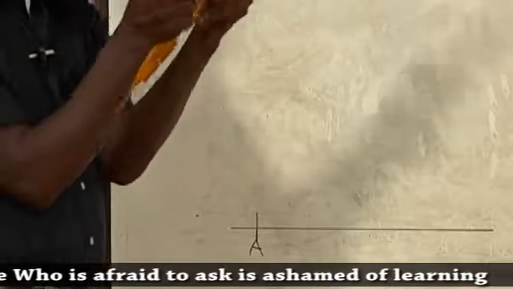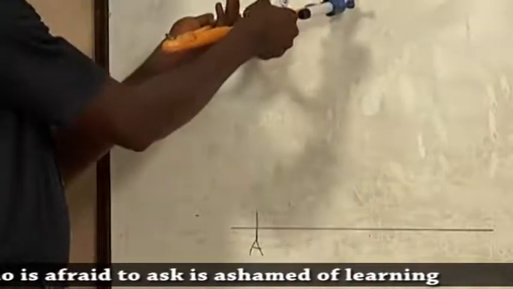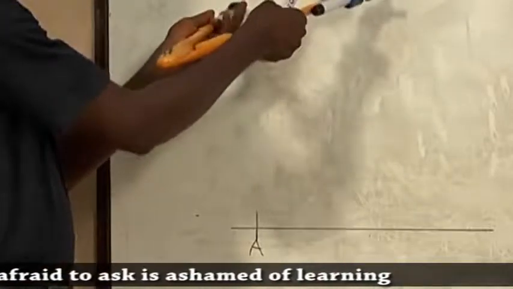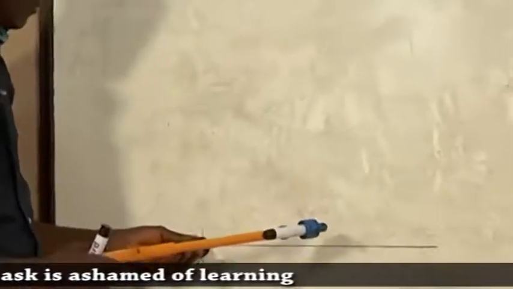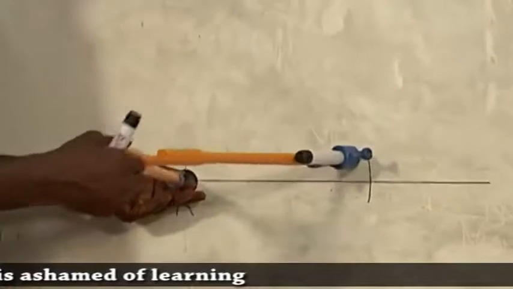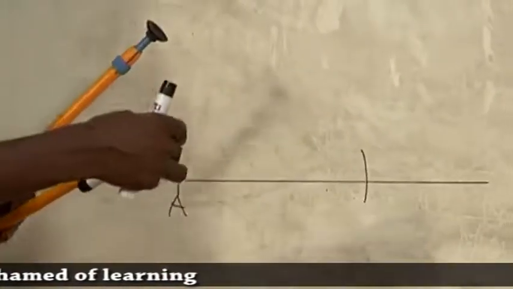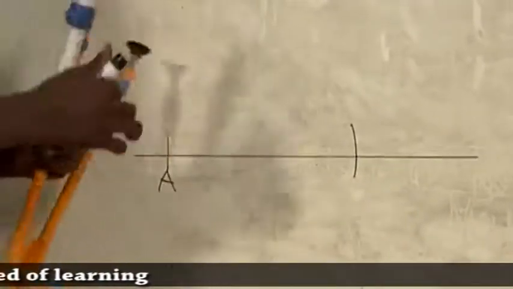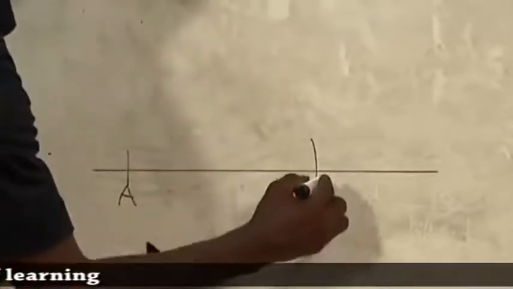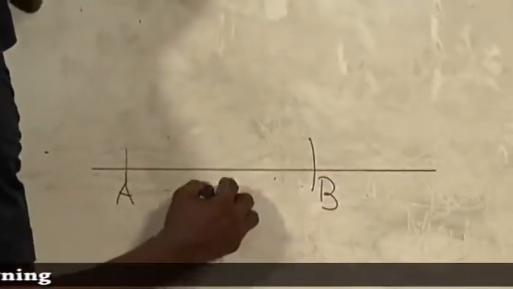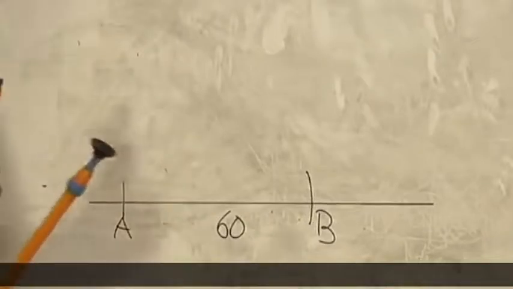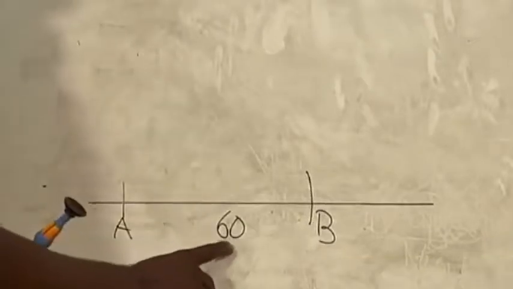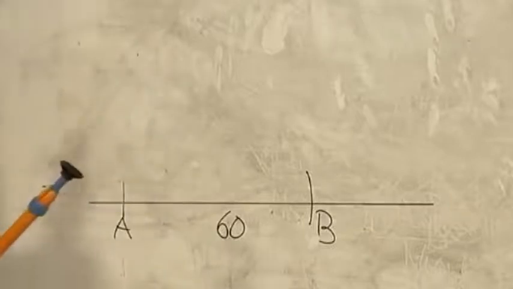Let me assume this is my 60. You know how to measure yours? Put it at A and get that. That gives you your B. This is B. Always write the dimension 60. Your dimension that you've written gives you 1 mark in an exam.